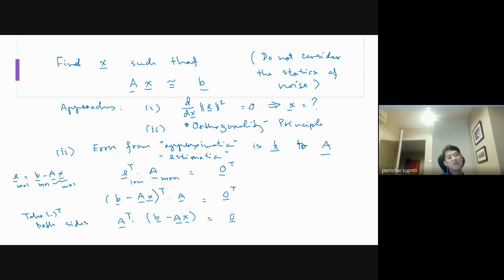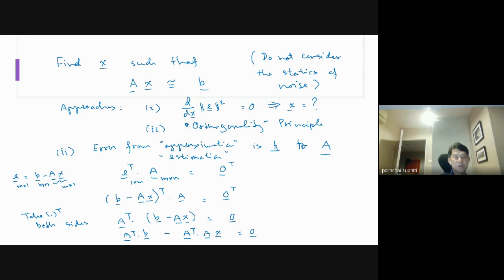So this is what I have. And then I can just multiply inside the parentheses, right? I don't want to change the slide yet. So I have A transpose multiply with B minus A transpose multiply with A multiply with X equals 0.